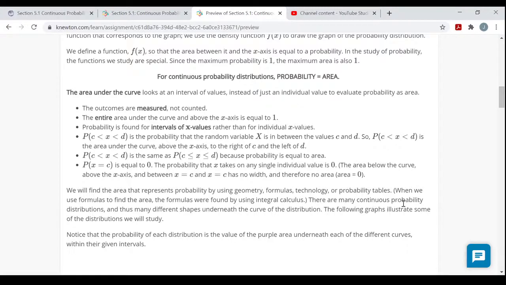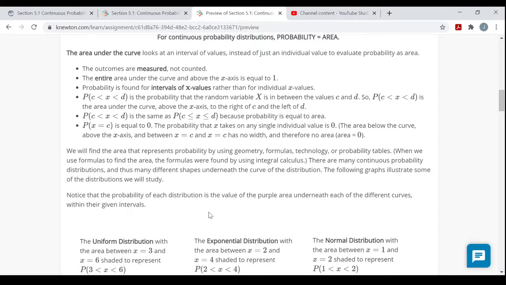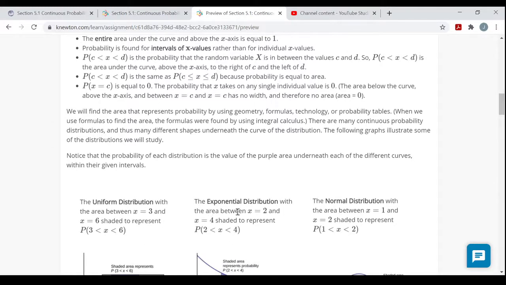There are many continuous probability distributions, just like there are many different kinds of discrete probability distributions. We had the binomial, geometric, hypergeometric, Poisson, all those were mentioned in chapter 4. You only studied the binomial though. And here, there are many different kinds of continuous probability distributions as well, and thus many different shapes underneath the curve of the distribution. The following graphs illustrate some of the distributions we will study. Now, we're only doing the normal.